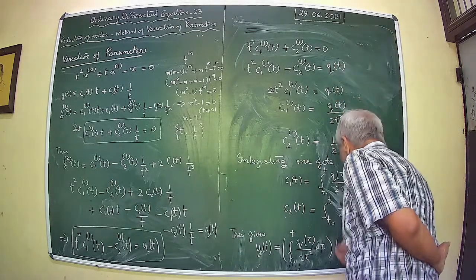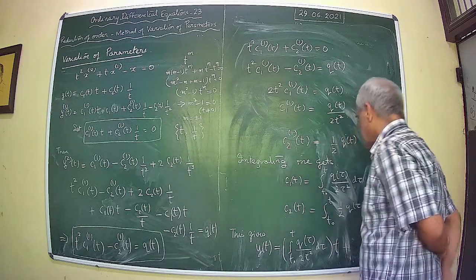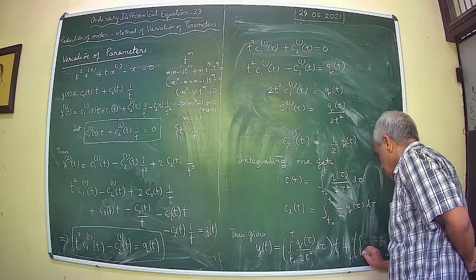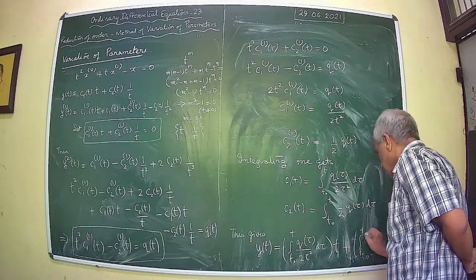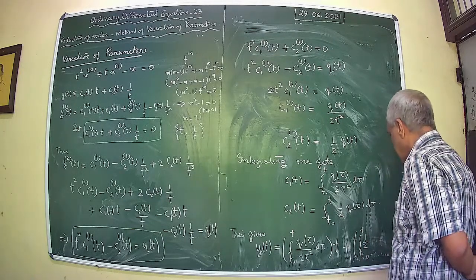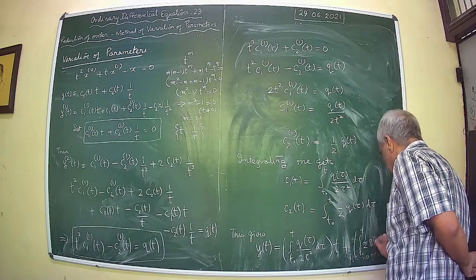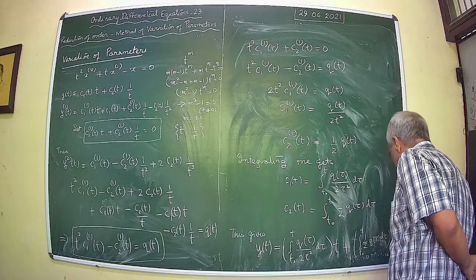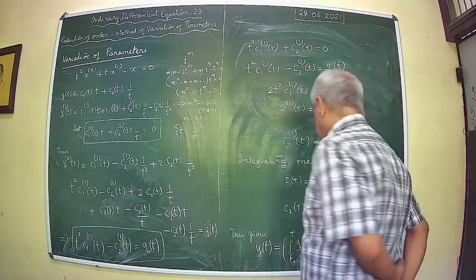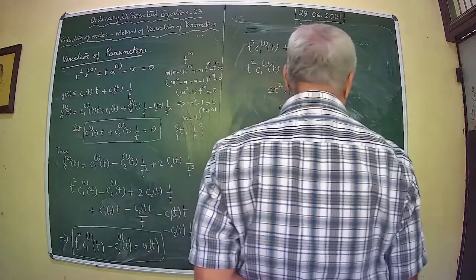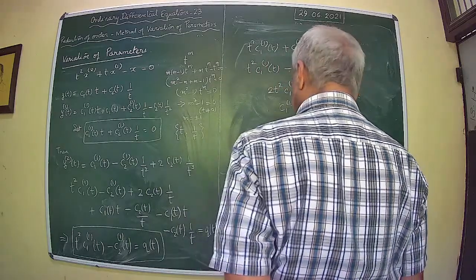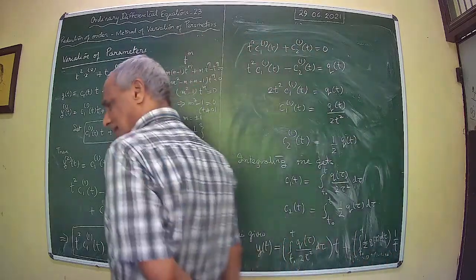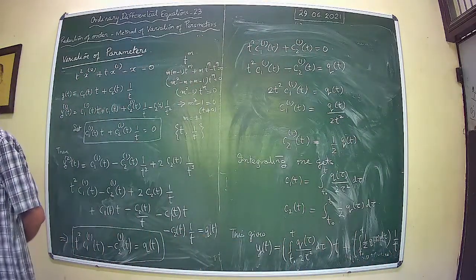C1 t plus C2 by t, so that gives the particular solution. I hope the computation is right. You do it independently and verify.